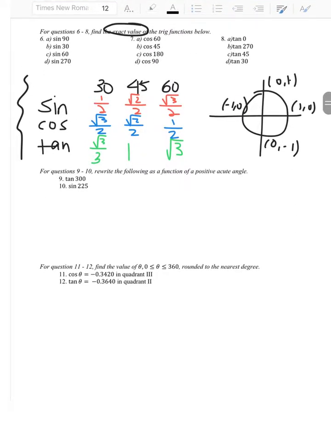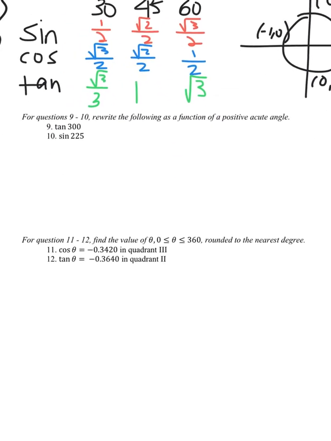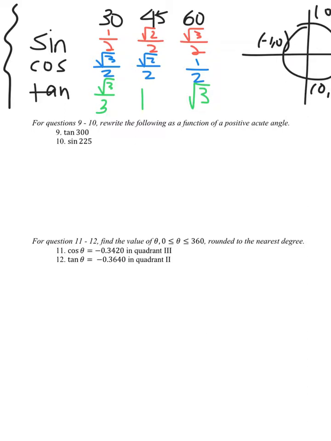Okay, moving down to 9 and 10. Rewrite the following as a function of a positive acute angle. Positive acute angle deals with the reference angles. So for number 9, the tangent of 300 degrees.